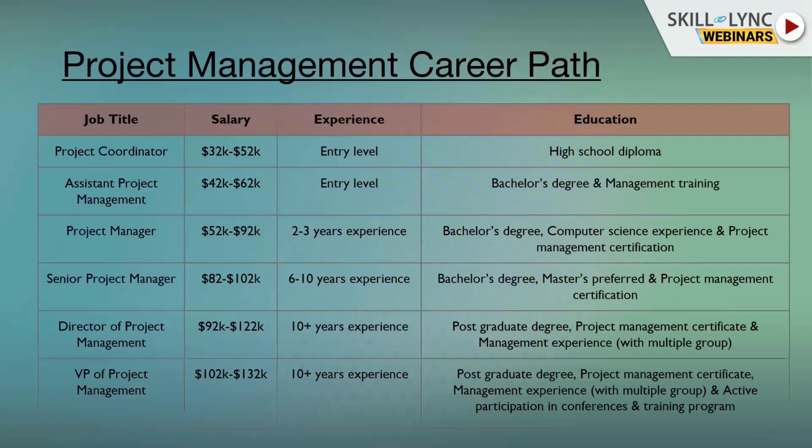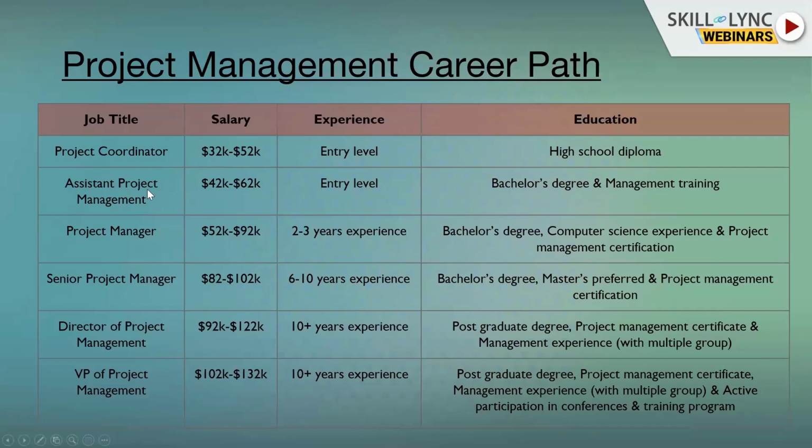For example, you might have seen a project coordinator. This is a basic requirement. This job title has a salary of $32K to $52K, entry-level experience, and education can be a high school diploma. So a person with a high school diploma can also become a project coordinator, right?